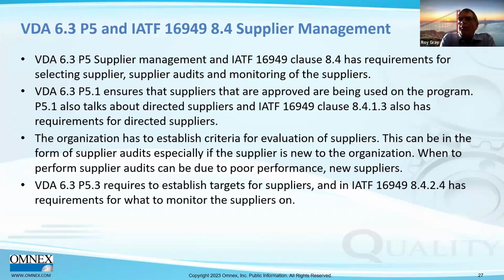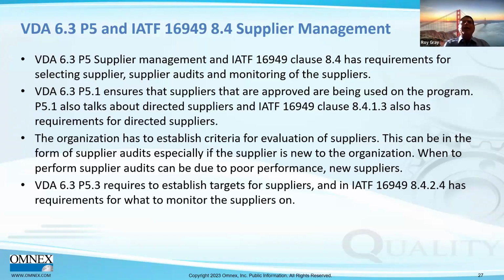And of course, in both VDA 6.3 and IATF, we have to have a process for evaluating our suppliers. And what do we do when suppliers are not performing to our expectations, not meeting our requirements? What are we going to do? We do that in both VDA 6.3 and IATF 16949.